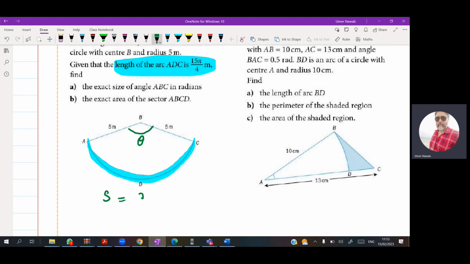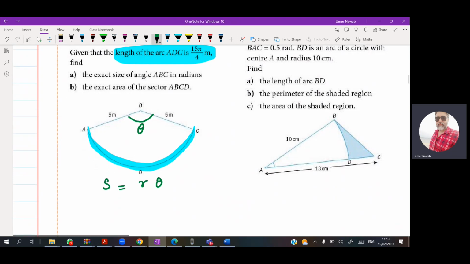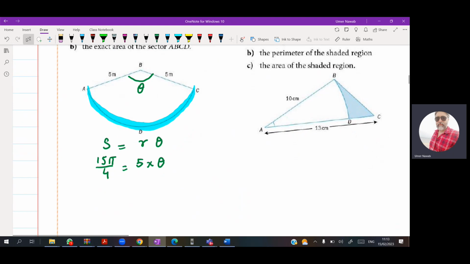S equals r theta. S is 15 pi over 4, radius is 5, and I want to get theta. Send the 5 to the other side: 15 pi over 5 times 4. So theta comes to 3 pi over 4.